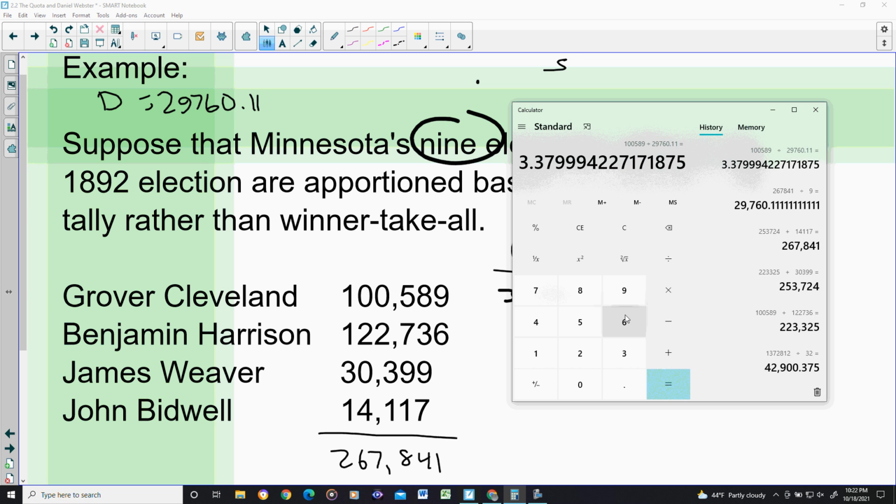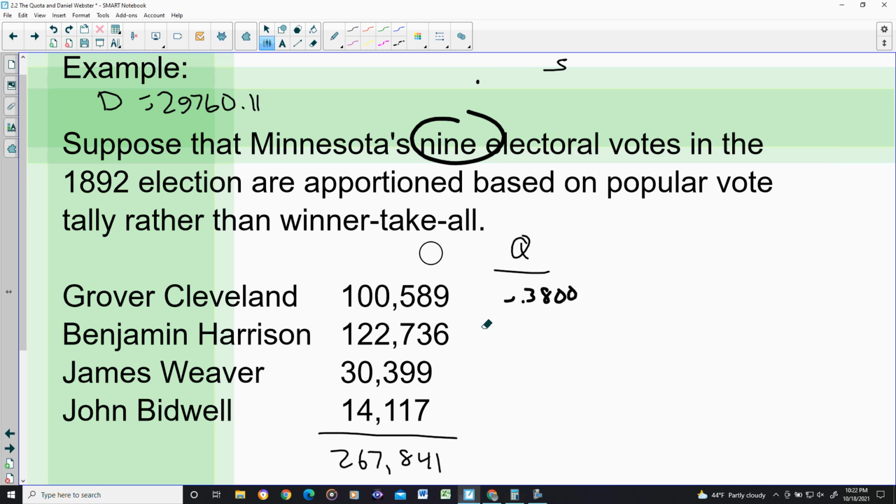What I like to do is take 29,760.11 and add that to the memory. So we have that, and then I can just do 122,736 divided by memory, which is 4.1242.